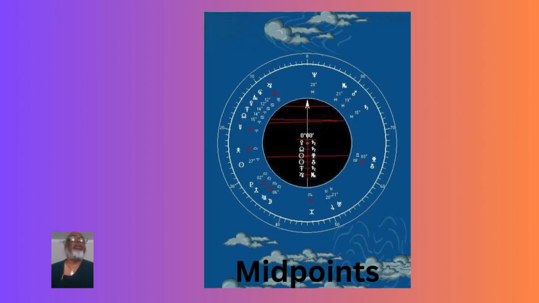So there are midpoints representing a lot of experiences on that whole spectrum. But the important thing is to focus on a couple of them. And that's why earlier I mentioned midpoints. The Sun midpoint, the Sun, Moon. Very important.